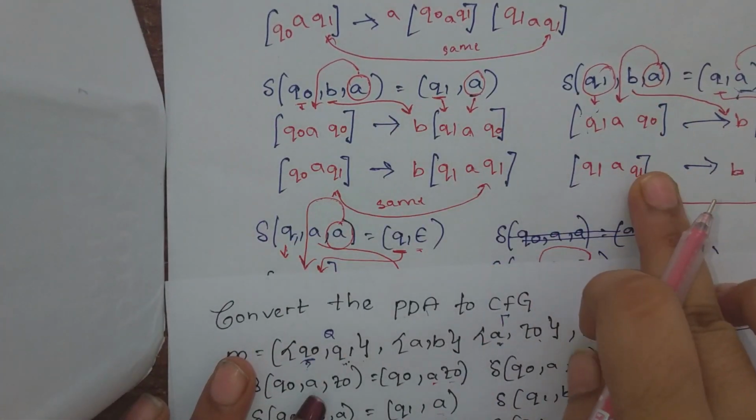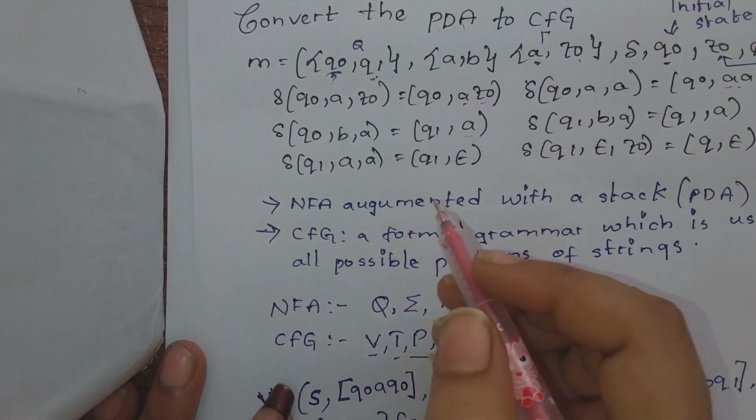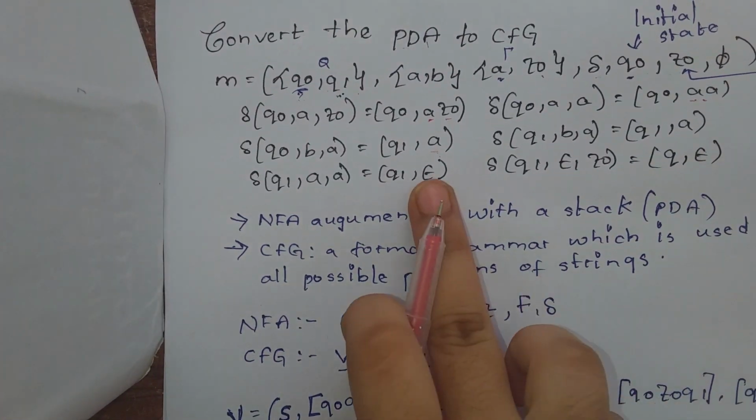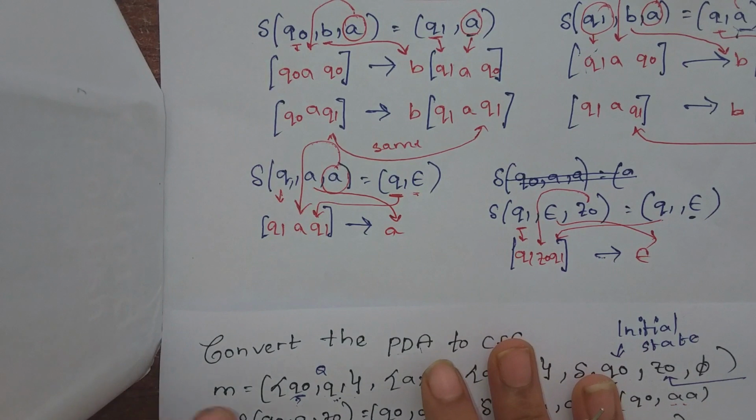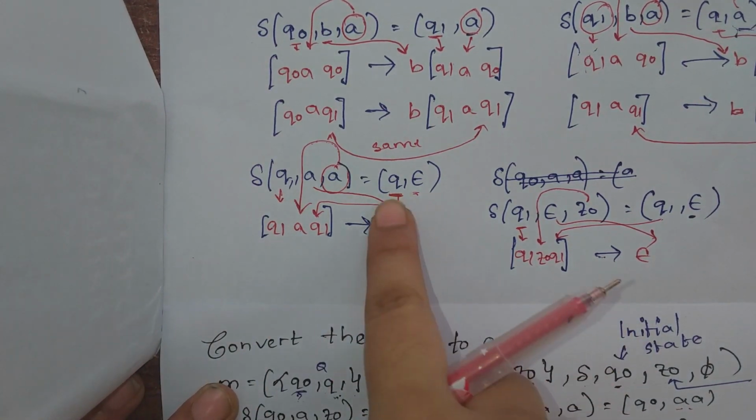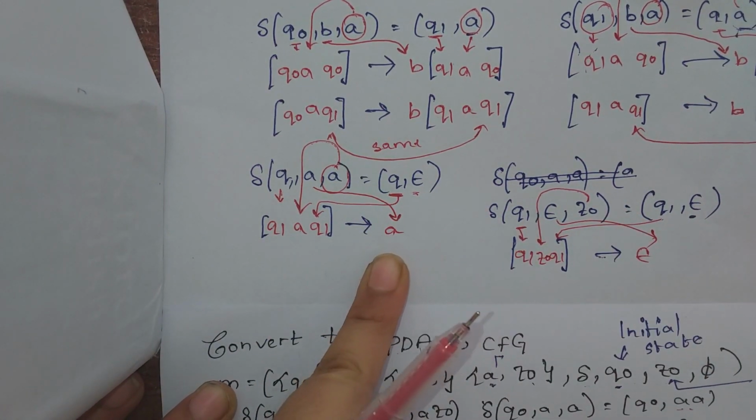So here we have epsilon on the right-hand side, so we have only a single symbol on the right-hand side.